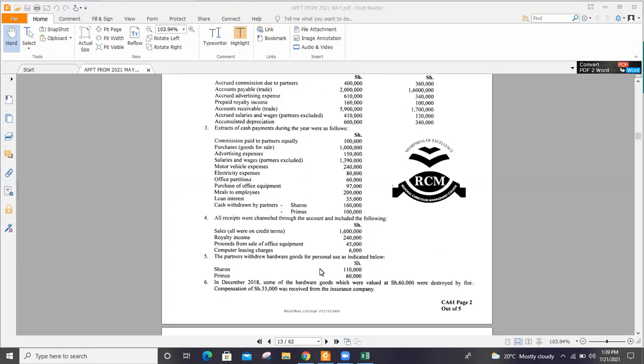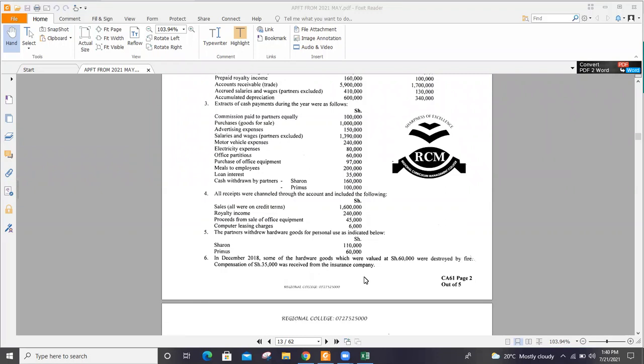The partner withdrew hardware goods for personal use as indicated below. So drawings of goods has an effect on the cost of sales; drawings of goods has affected our closing stock. In December, some of the hardware goods which were valued at 60,000 were destroyed by fire, and compensation of 5,000 was received from the insurance company.